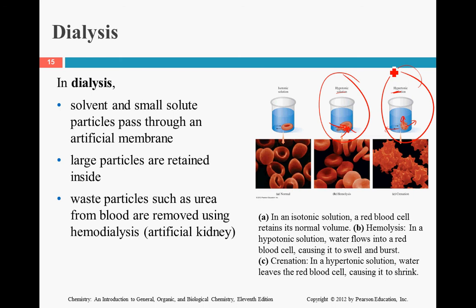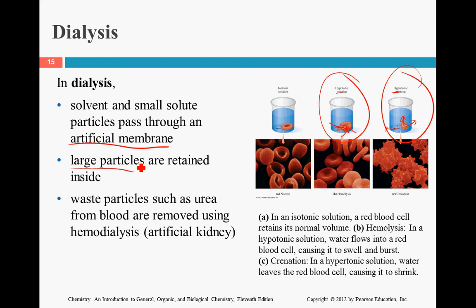Now, dialysis is a way to do this artificially. The solvent and the solute pass through the artificial membrane, which is like a big piece of plastic that only really tiny particles can go through. The large particles stay inside.